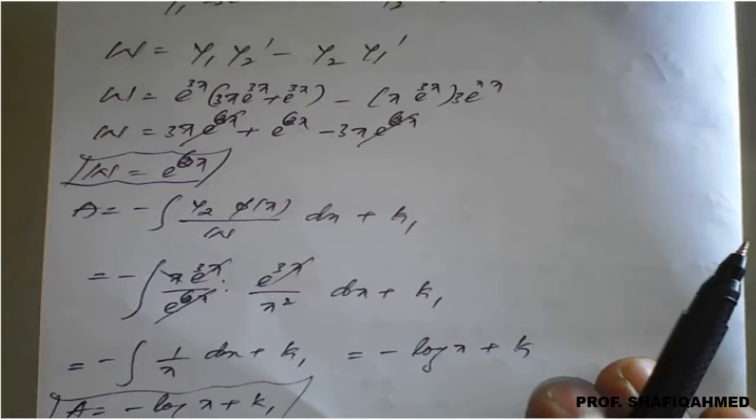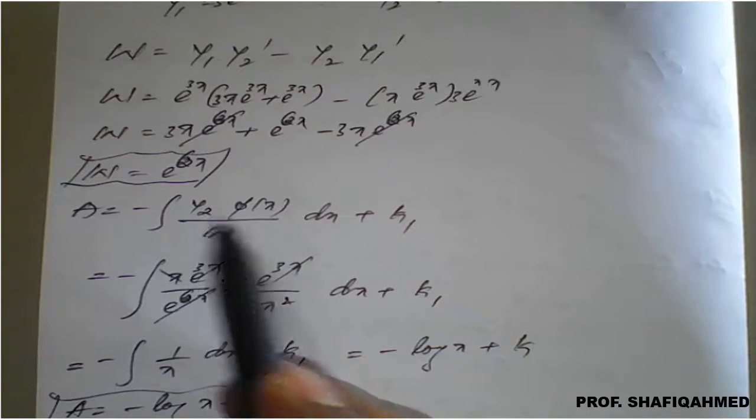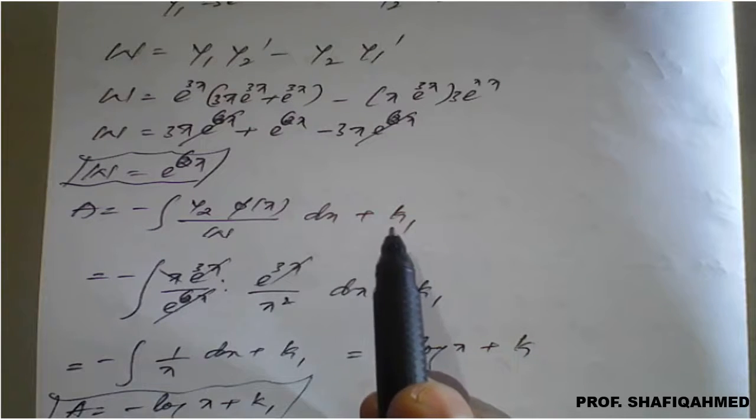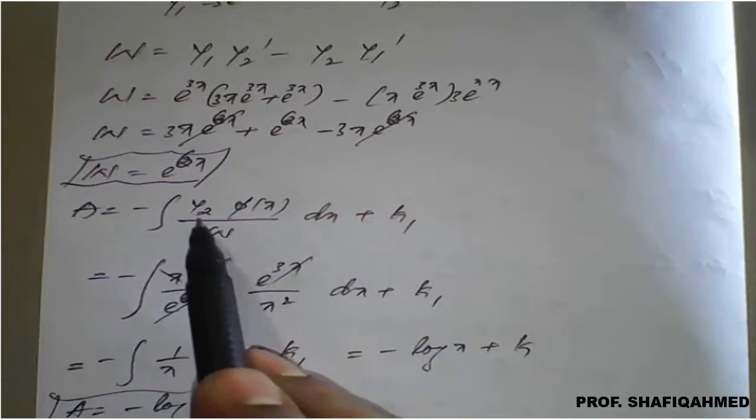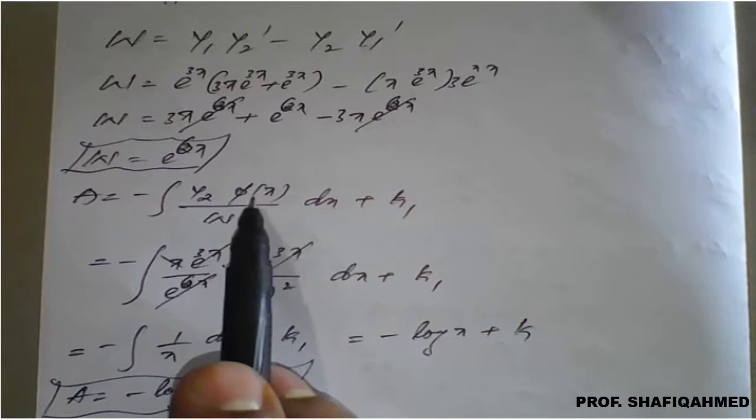Now we know the formula for a is minus integration of y2 into phi of x upon w into dx plus arbitrary constant k1. So replace the value of y2, that is x e raised to 3x, divided by w, into phi of x, which is in fraction form, that's why I am writing e raised to 3x upon x square.